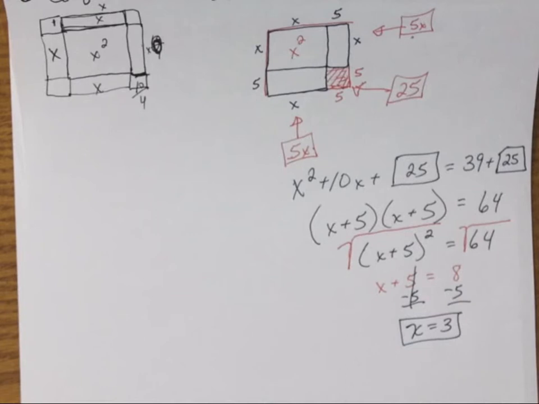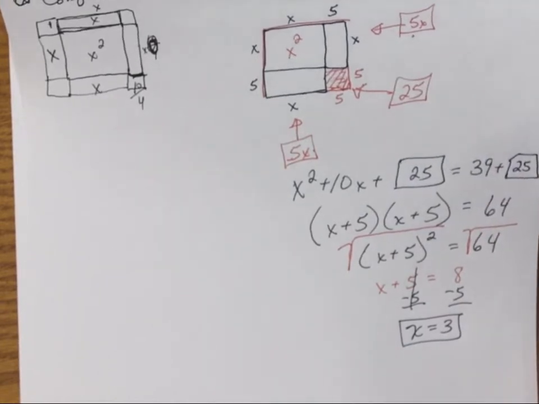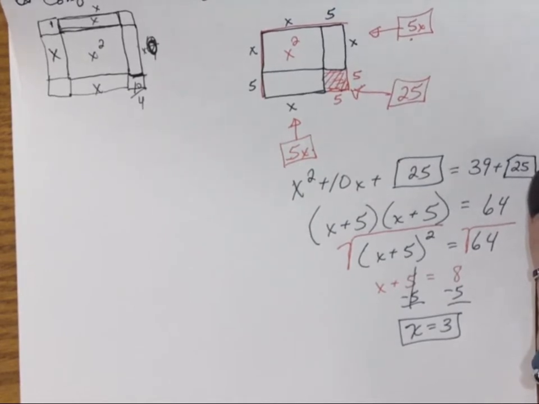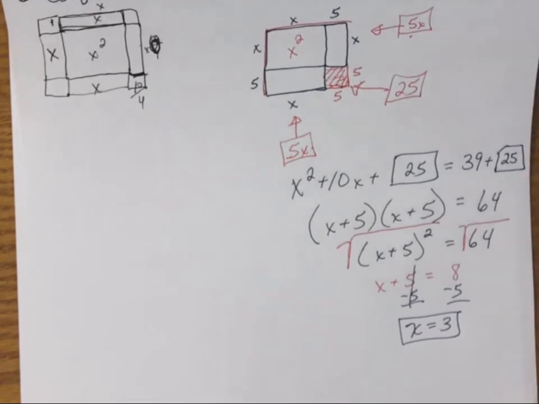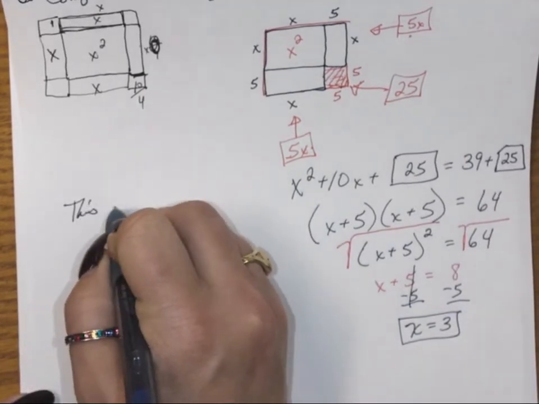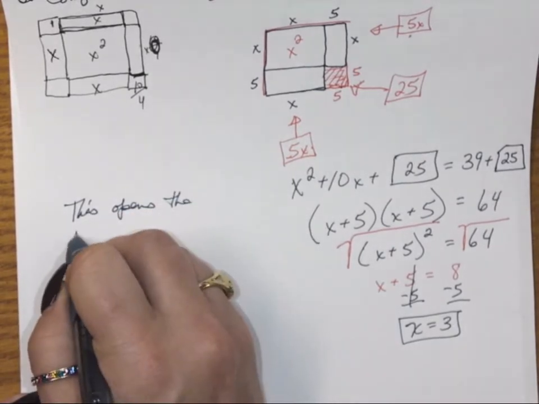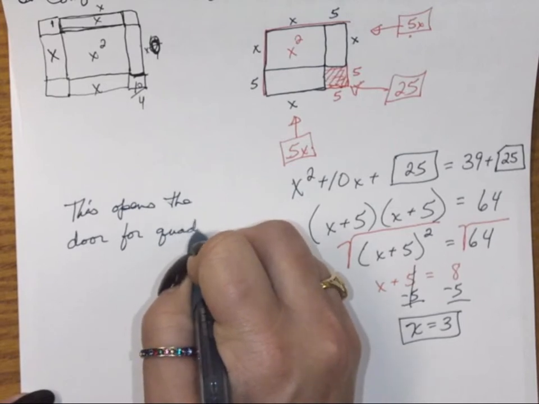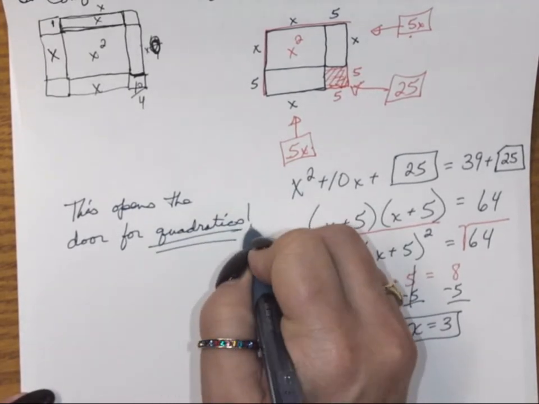So we have a solution for this particular problem, which is amazing. And what we see here is a couple of things going on. The big one for us is that this opens up the door really wide for quadratic equations, coming up with the quadratic formula.